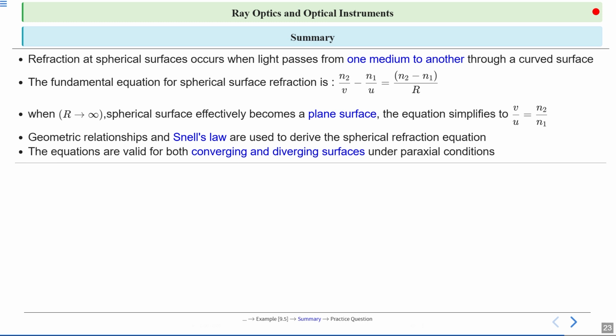It also depends on the medium in which the object is placed. Under paraxial conditions. What are paraxial conditions? The light rays we are considering are very close to the principal axis, or we are considering a very small part of the spherical surface which is almost flat, and the aperture is small.